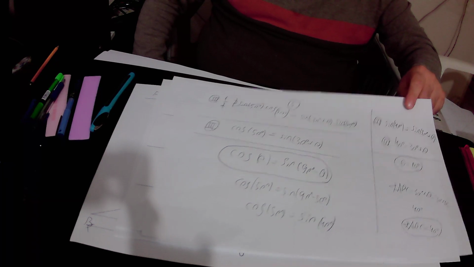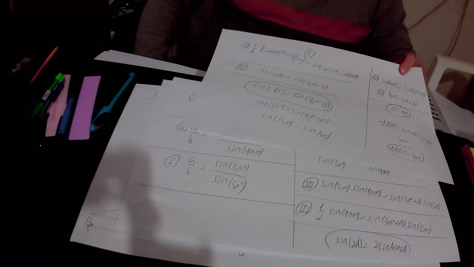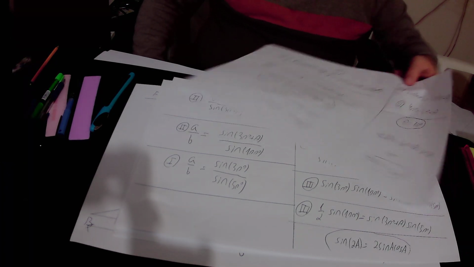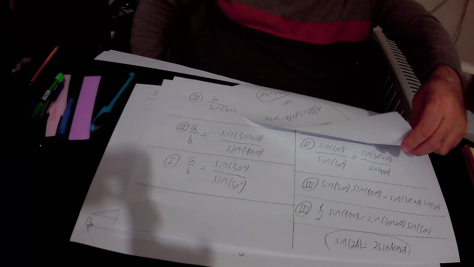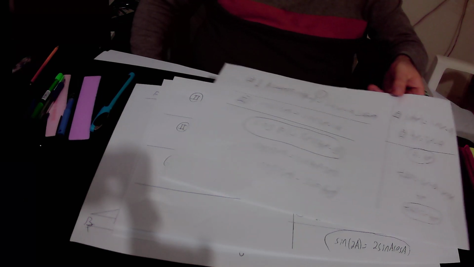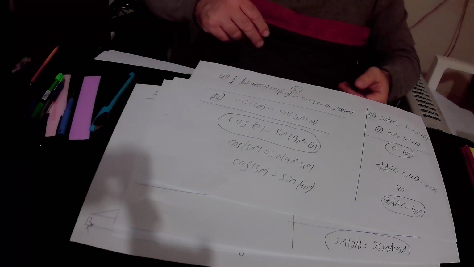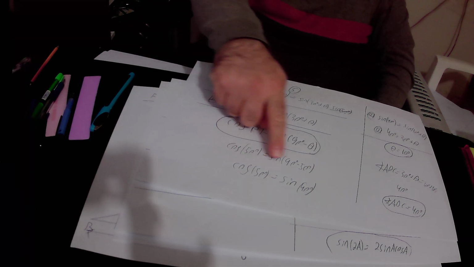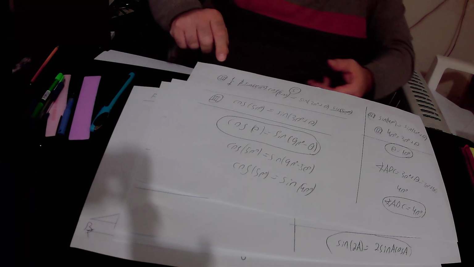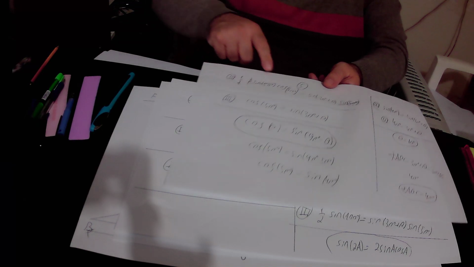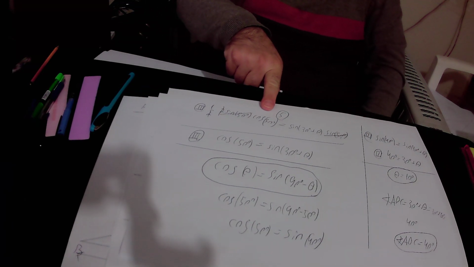Therefore we can substitute cosine 50 degrees by sine 40 degrees in equation number 3. We have here cosine 50 degrees.